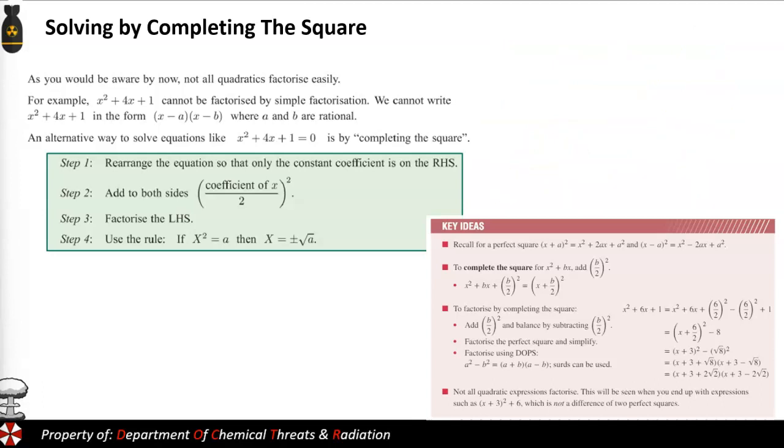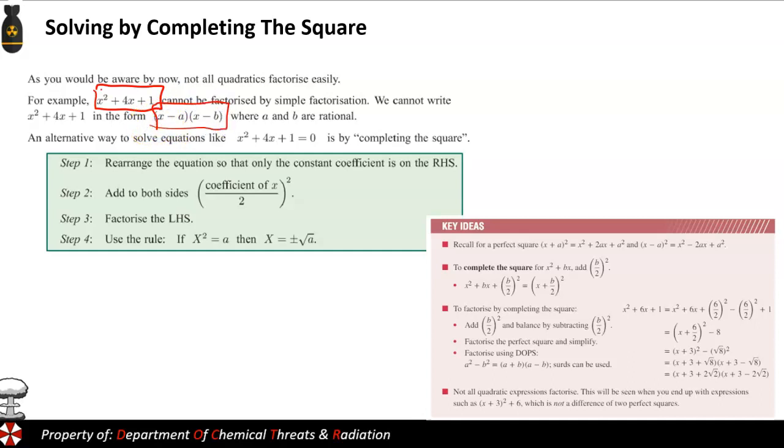What we're doing now is trying to use this process, except that if we have something like this quadratic, we can't simplify it using the methods we did before. You can't use that simple factorization. There is no common factor. We can't write it in the form of x minus a, x plus b, where a and b are rational.